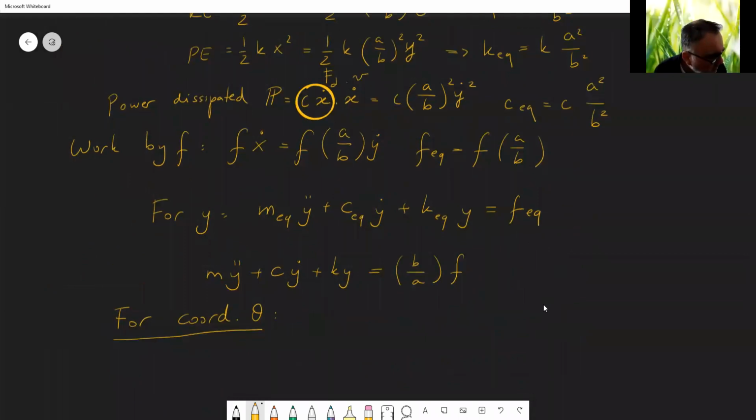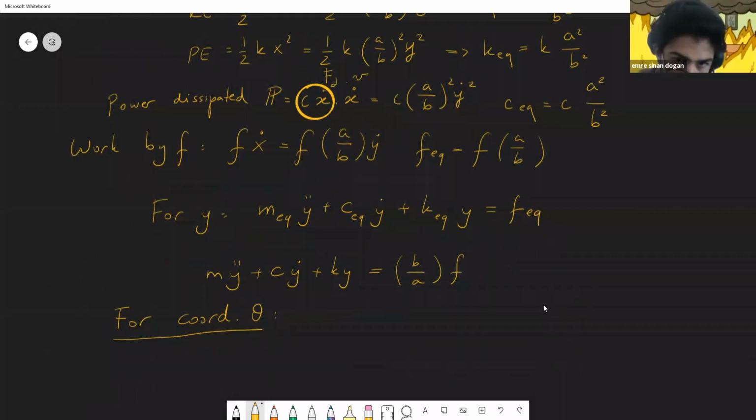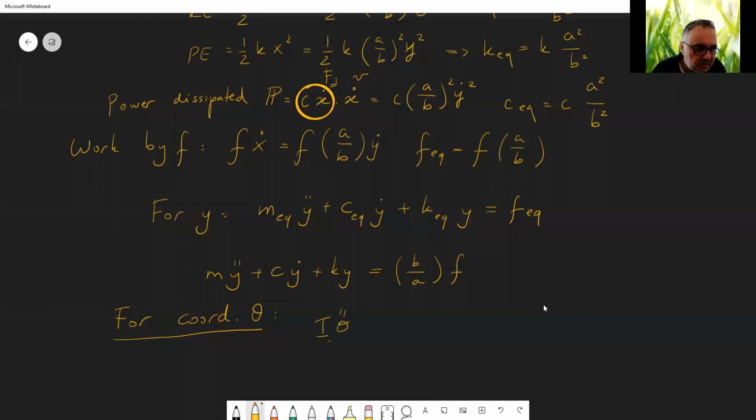And for the coordinate theta, the equation of motion would be I equivalent theta double dot plus C equivalent theta dot plus K equivalent theta equals, let's say, T equivalent.